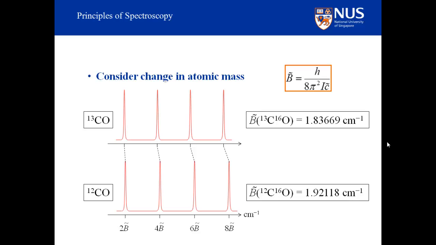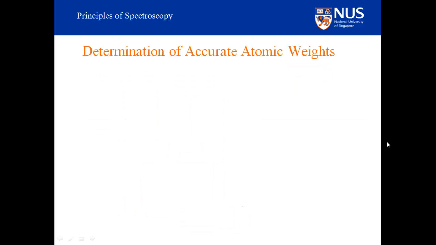So if I look at the carbon-13 monoxide spectrum and compare it to the carbon-12 monoxide spectrum, the ratio of the intensities is proportional to the ratio of their abundances in nature. So I can use it to determine the natural abundances of isotopes.